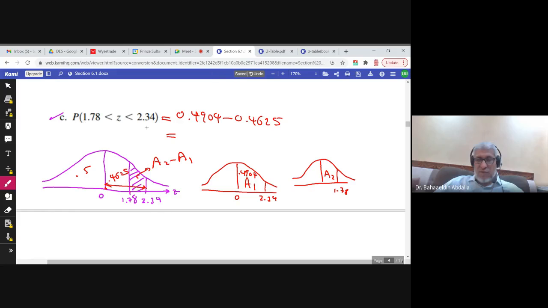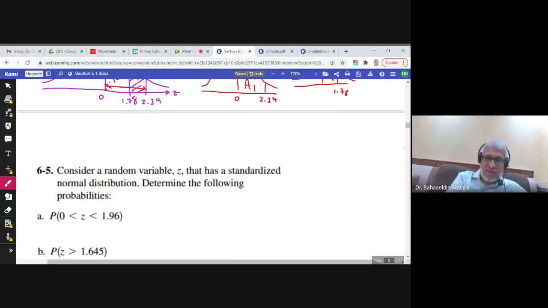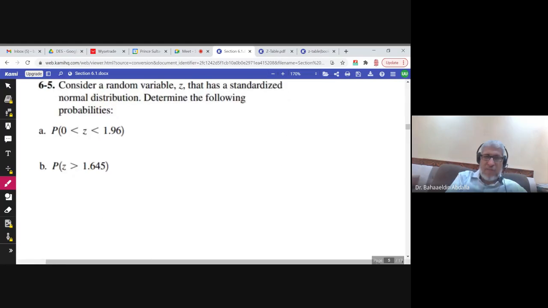So notice that if the two numbers are positive, you subtract the areas, while if one of them is positive and the other one is negative, you add the areas. If the two numbers are negative, you also subtract. It is similar to this one. In fact, you can deal immediately with the positive numbers if you have negative numbers because of the symmetry.